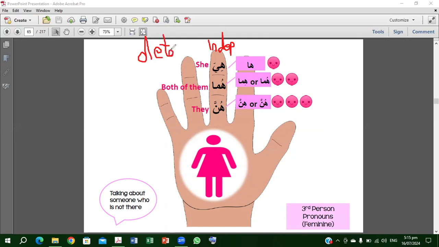Whereas these are attached pronouns. Here the attached pronoun is ha, huma or hima, hinna, hunna is the same.